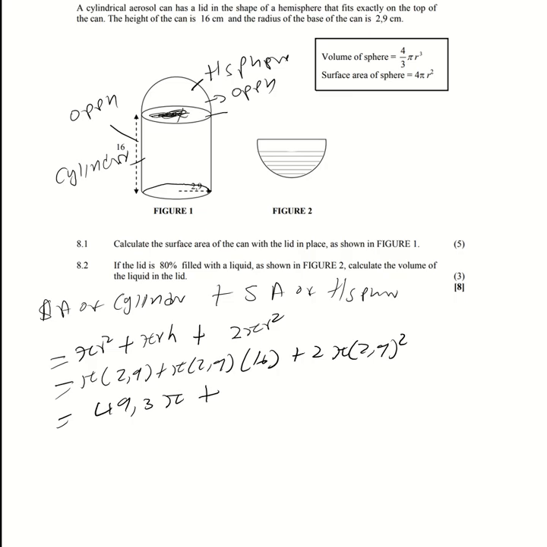On this side I have 2 times 2.9 squared, which gives me 16.82 pi. So when I add this, I have 66.12 pi.